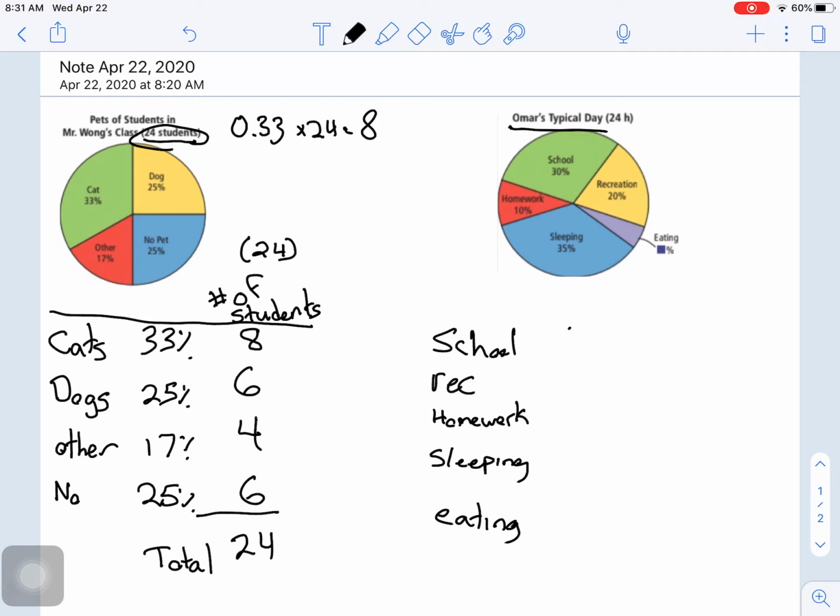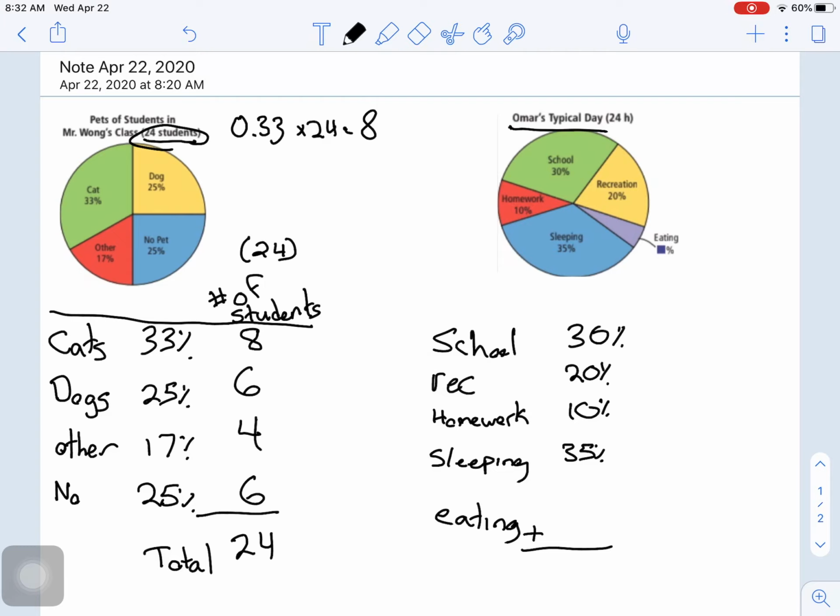So school, we do 30%. Recreation is 20%. Homework is 10%. And sleeping is 35%. And then eating, we don't know, but all these percents should add up to what? Right? What should this number be? Because a circle should encompass a total of 100%, right?